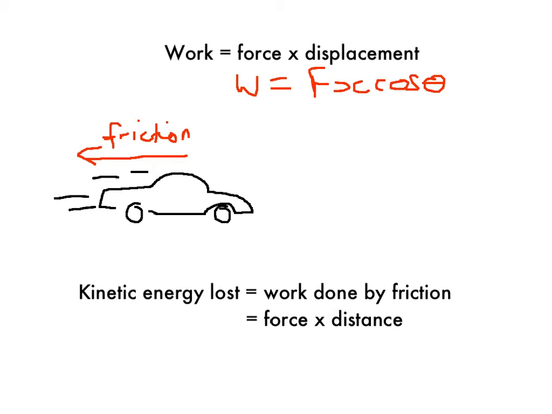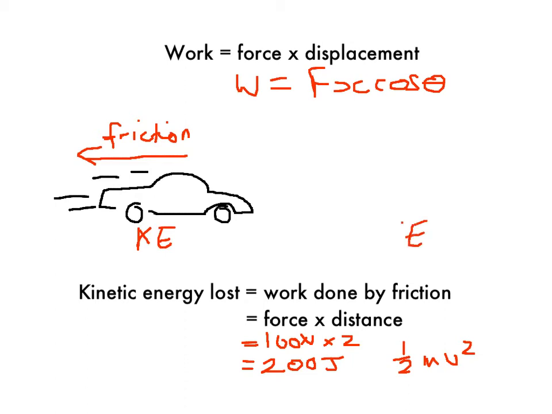So, for instance, 100 newtons of force acting over 2 meters will mean that 200 joules of kinetic energy are lost, and so you could use the formula of a half mv squared to work out exactly how much velocity it had lost, by considering the kinetic energy here and the kinetic energy at some time later when it has lost that 200 joules.